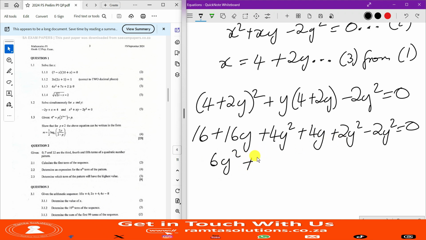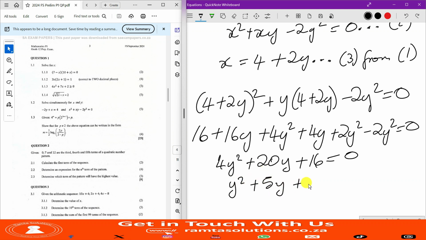Oh no, we don't have 6y squared. We have 4y squared plus 20y plus 16 equals 0. Divide throughout by 4. 20 divided by 4 is 5. 16 divided by 4 is 4.